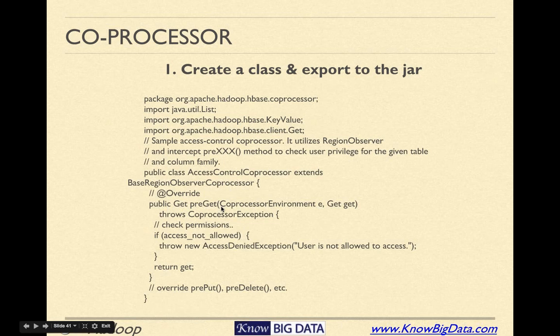Whichever method you override, you can place your hook there. Now in pre-get you can either throw an exception saying access is denied, you are not allowed to access the value, or do nothing, meaning return whatever is the input value. That way you can do security access checks, you can also do data validation, and there are many other use cases you can do using coprocessors.